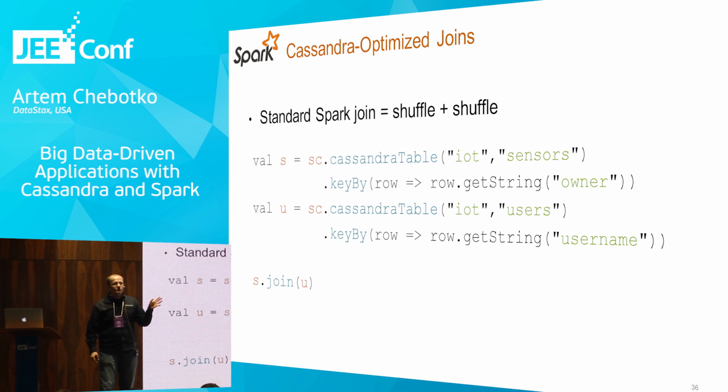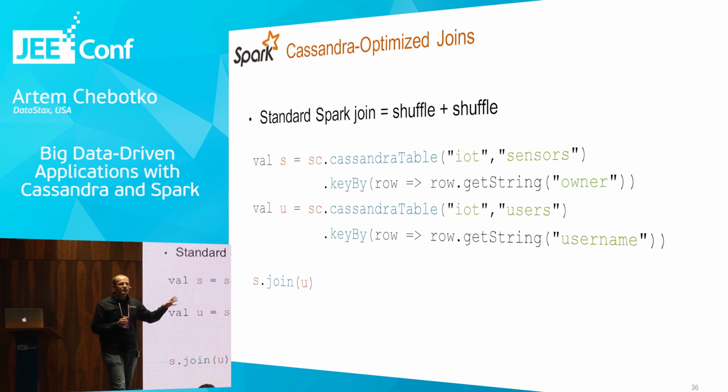Another optimization will be join. Cassandra does not support joins at all, because no matter what you do, joins will always be very expensive. This is an example of a standard join that you can use in Spark. It's not Cassandra specific or anything.